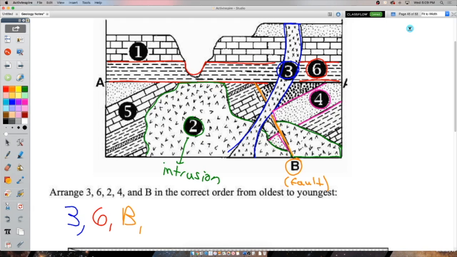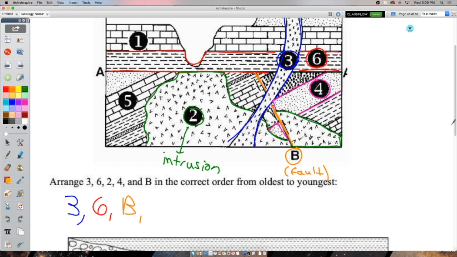And sure enough, it's leaked and hardened into layer 4. So layer 4 must have already been there when 2 started intruding into it, right? You can't intrude into a house that doesn't exist. So since 4 already existed when 2 was born, whoops, I just realized I did these backwards. The question said oldest to youngest.